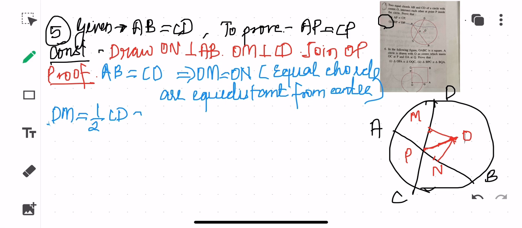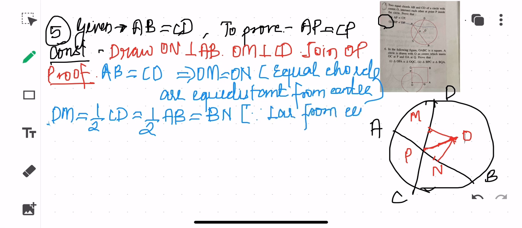And CD in turn is equal to AB. Yes, it is. And half of AB in turn is equal to how much? If you see, half of AB is equal to BN. Okay. And then in the brackets you will be writing, since perpendicular from center bisects the chord.